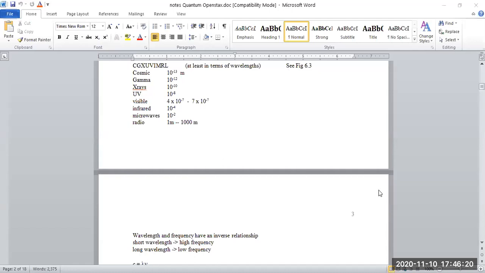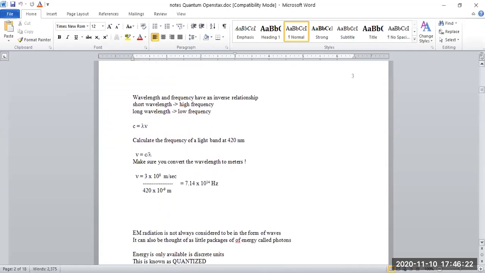And I think the very last thing we talked about here was some calculations on how to use c, speed of light, and then lambda nu, our 2 little Greek symbols, lambda representing wavelength and nu representing frequency.